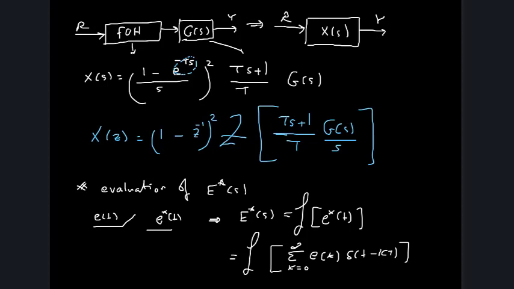And if we have E star of s, we can calculate E of z. We know that E star of s is equal to E of z such that z is equal to exponential of Ts.